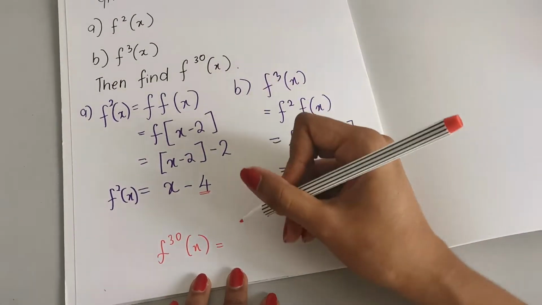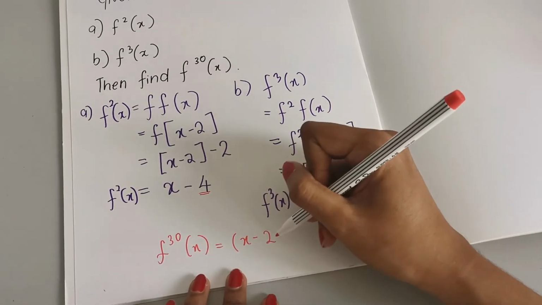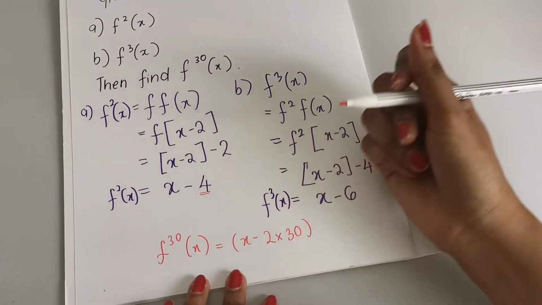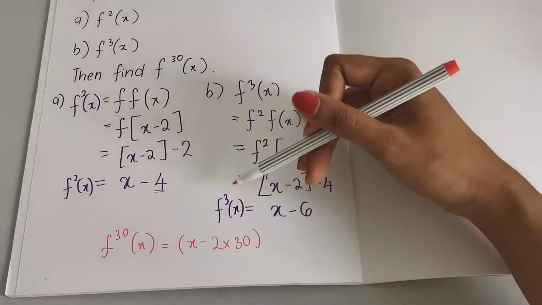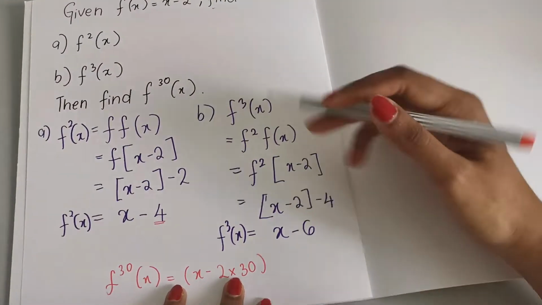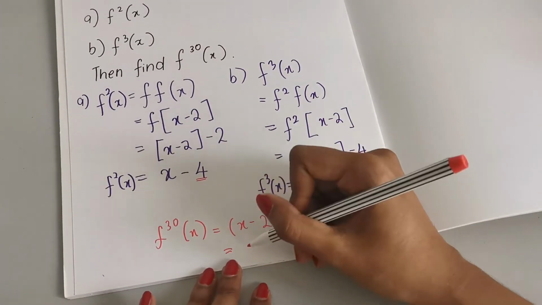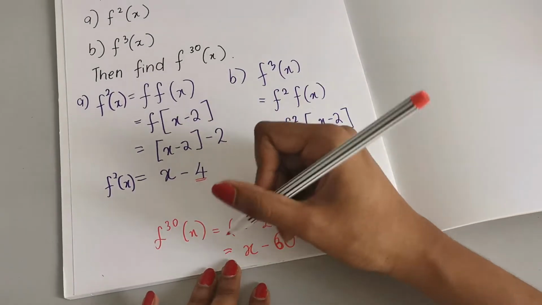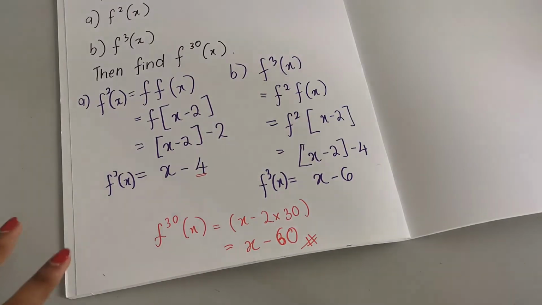It will be x minus 2 times 30. Why 2 times 30? Because f squared is 2 times 2, f cubed is 2 times 3, so f to the power of 30 will be 2 times 30. So the final answer will be x minus 60. This will be our function for f to the power of 30.